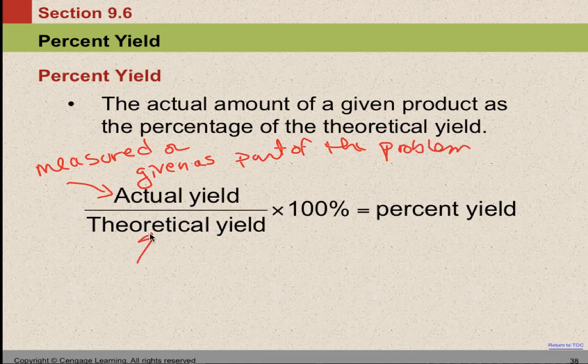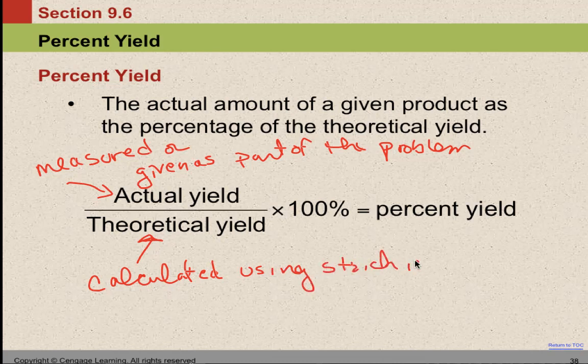The theoretical yield here is what is calculated using stoichiometry. That's what we've been doing this entire unit. So you take the actual yield divided by the theoretical yield, multiply it by 100%, and you get the percent yield.